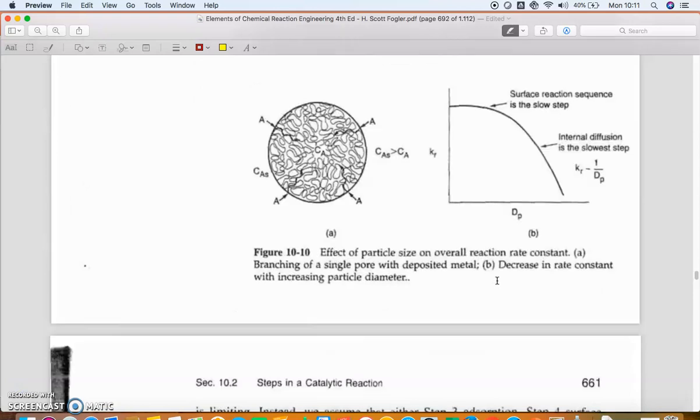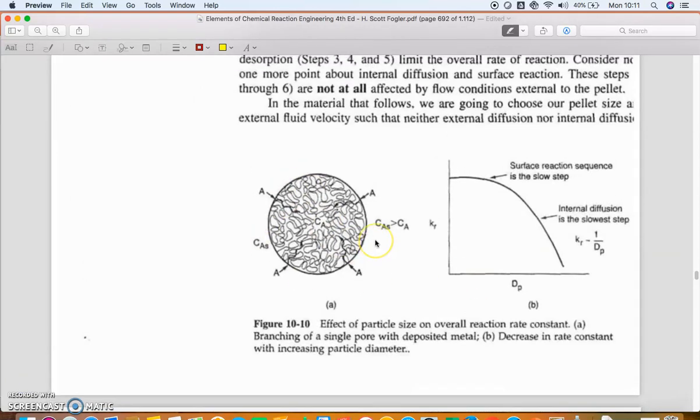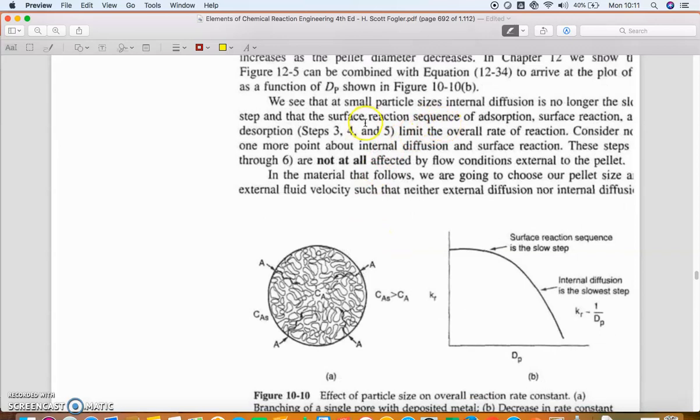If you refer back to this diagram and this statement in this chapter, we see that at small particle size, internal diffusion is no longer the slowest step. In CRE2, or in the solid catalyst reaction, deriving a rate law is based on the slowest step. So remember those 7 magical steps. You need to know which one among these 7 steps is the slowest step.